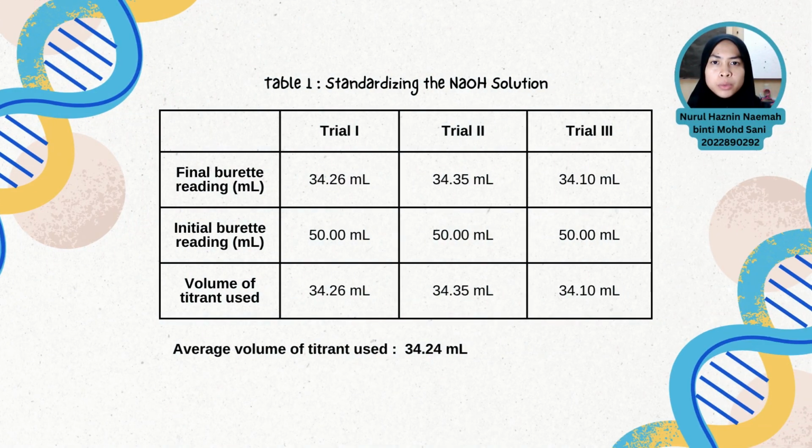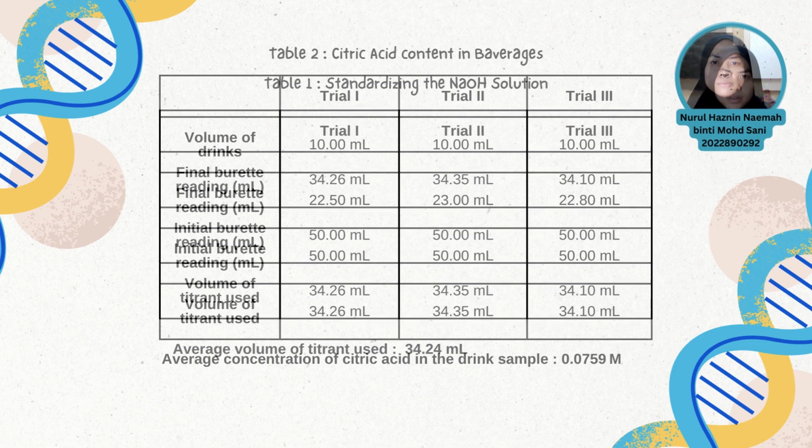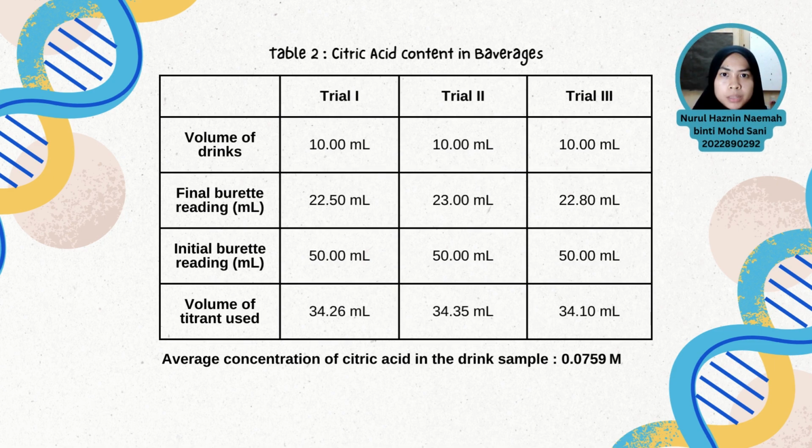So, table 1 shows the result of standardizing the sodium hydroxide solution. The final and initial readings were recorded, and the average volume of titrant used in this titration is 34.24 ml. Table 2 shows the result of citric acid content in beverages.